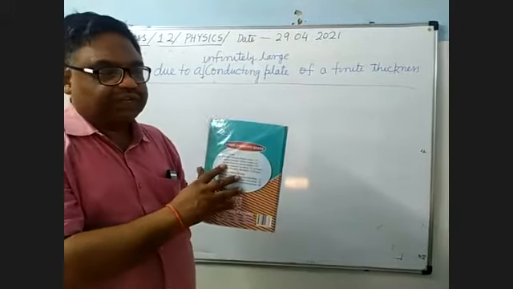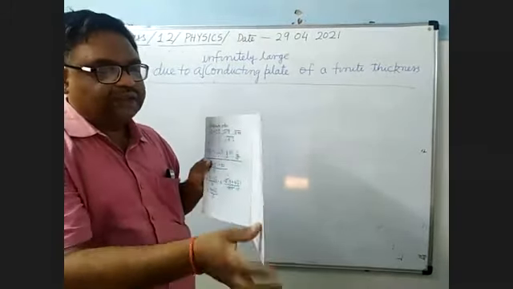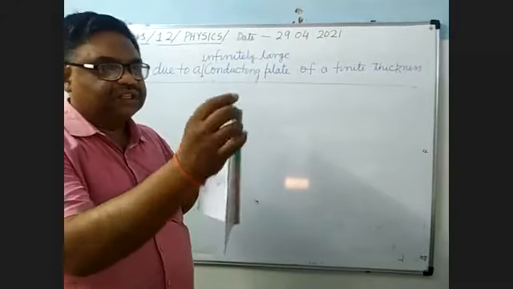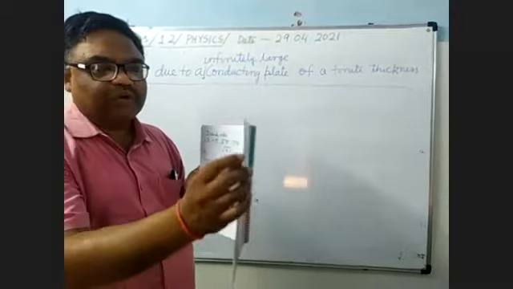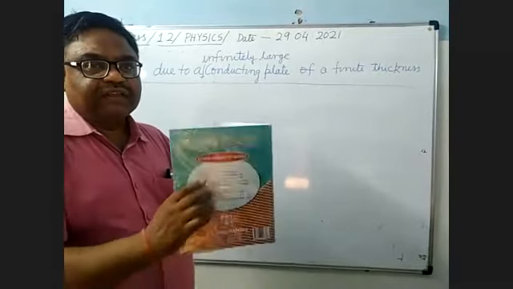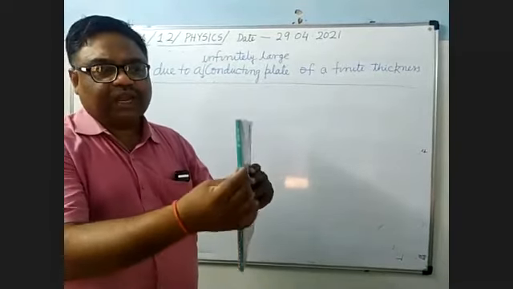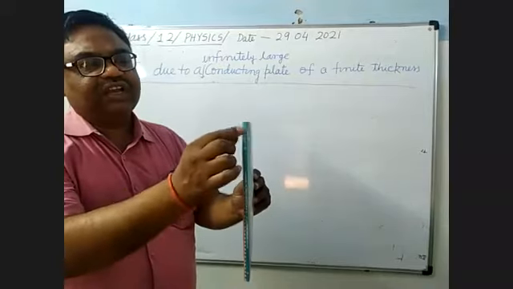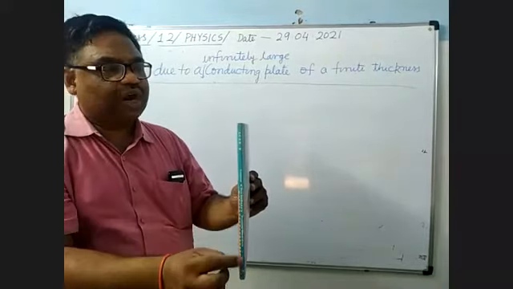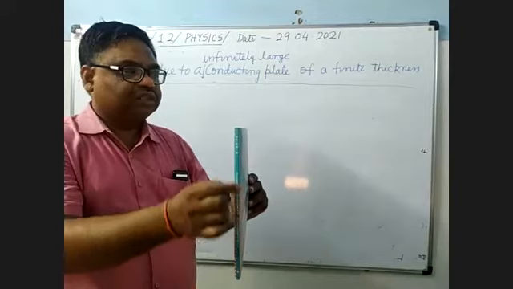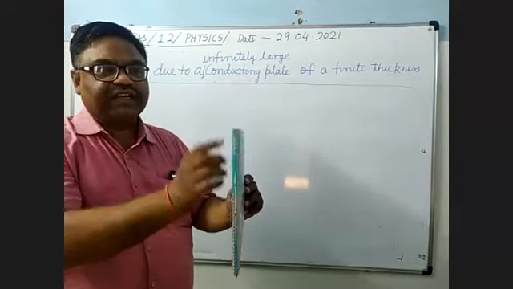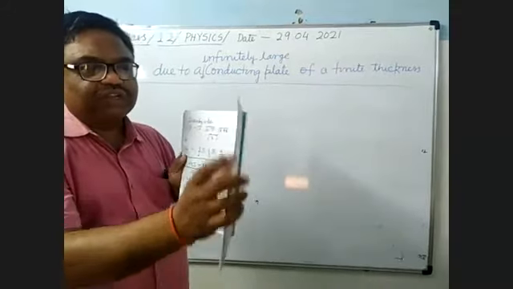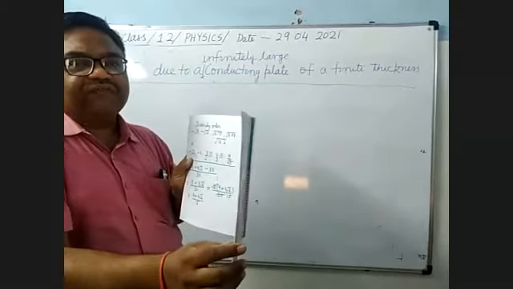But if you take a simple paper, now this is not of finite thickness. Its thickness is very small. Whereas if we take the whole thing, you can see here it is having a finite thickness. Have you got this point? But if you take a single sheet, this is not a finite thickness.